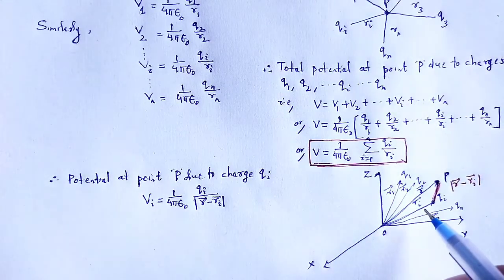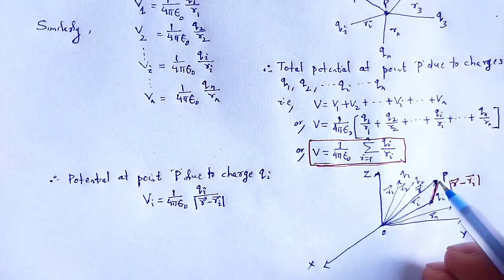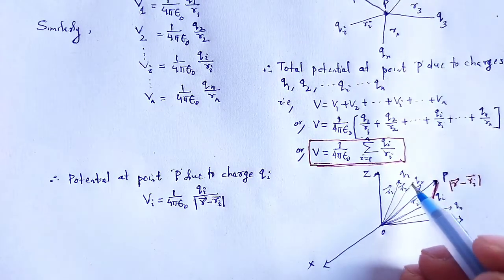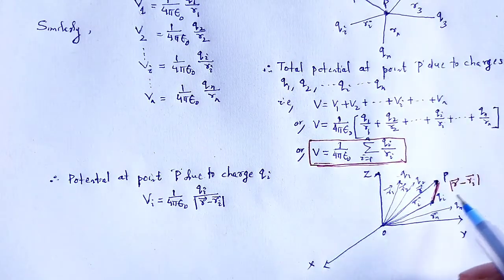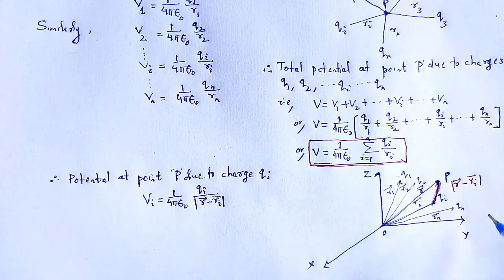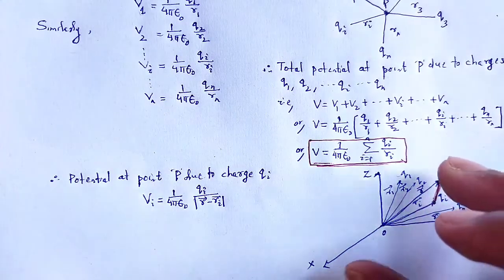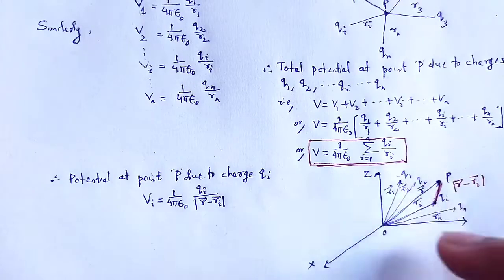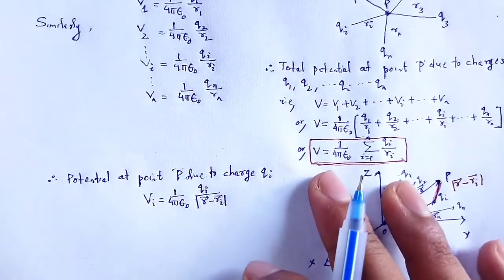So the total potential at point P due to all the charges Q1, Q2, Qi, Qn will be how much? We have to sum over all n charges.